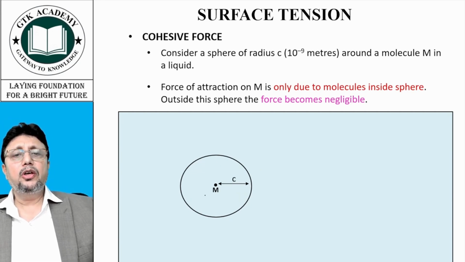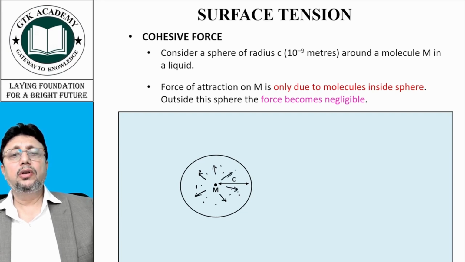Now, since molecules inside this sphere are uniformly distributed, or you can say homogeneous, the force of attraction is equal everywhere. So these forces cancel out if the molecule is inside the liquid.